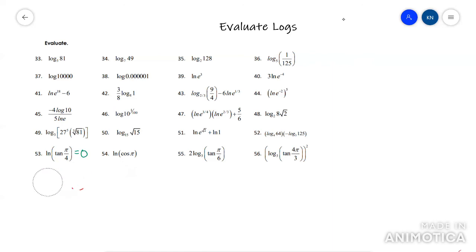Okay, and now we'll look at one of these last two. It doesn't really matter. They're basically the same problem. You're going to have to evaluate tan pi over 6. Tan of pi over 6 is 1 over the square root of 3. Okay? And so basically, that's 1 over 3 to the 1/2. And so basically, that's 3 to the -1/2.